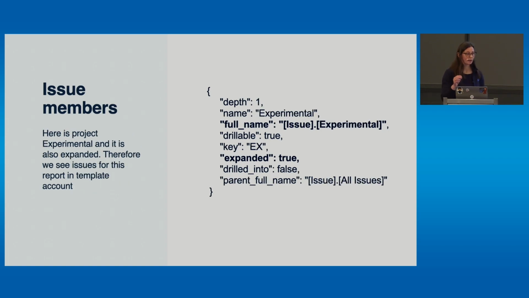The next one is, as expected, the project I have in this template account, also by full name, Issue, Experimental. And when I selected this project, I also expanded it. It's marked by expanded true. And actually, this gives me a list of issues within this project. And when I add a filter, it shows me correct values, but it doesn't show me the data.